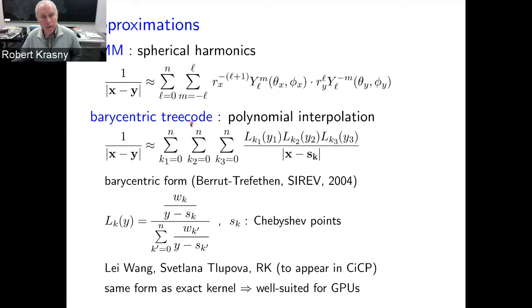An alternative that we use now, we've been working very recently to develop a barycentric tree code. It's based on polynomial interpolation. So the Coulomb potential can also be approximated by this expression, which, for each fixed x, is a polynomial in the variable y.